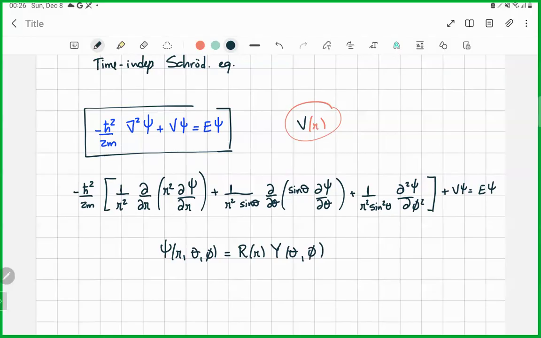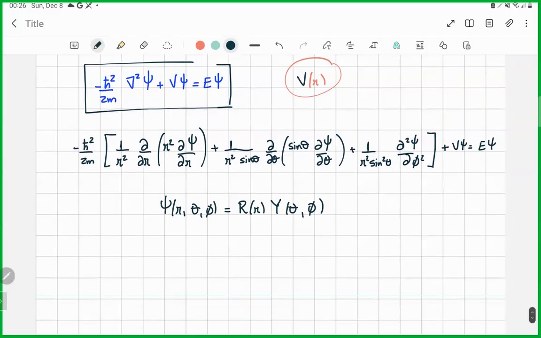So wherever we have the psi, we'll have to now write function of r and function of the angles. So let's see how we can do that. Perhaps we can copy this whole thing again. We don't need to rewrite it.